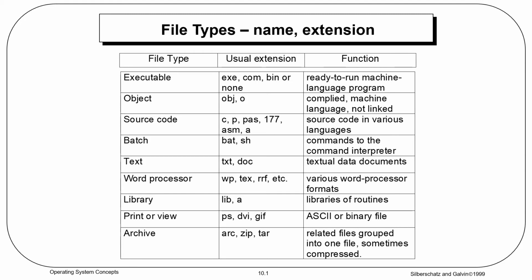For example, the MS-DOS operating system recognizes only a few extensions, but application programs also use extensions. Operating systems use extensions, and application programs also use extensions to indicate file types in which they are interested. For example, suppose the assembler is there.